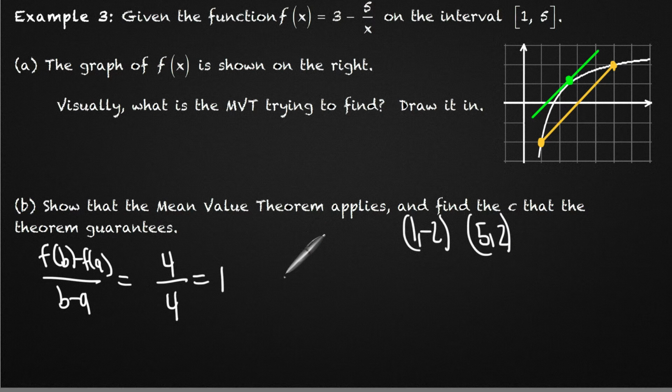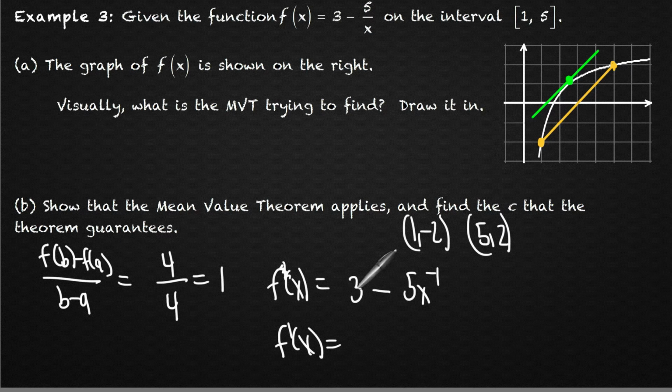The derivative of 3 is gone. So f prime of x. I'll rewrite this as 3 minus 5x to the negative 1. I'm going to bring this x up. So the derivative is, well, that's gone, and we have negative 1 times negative 5 is 5x, and drop that power down, so 5 over x squared.